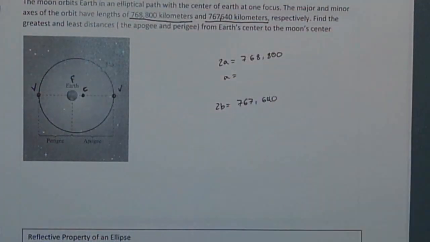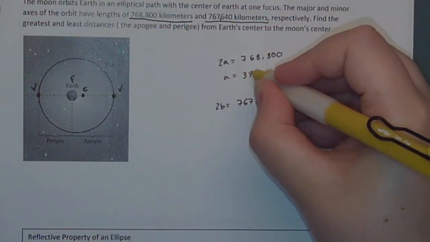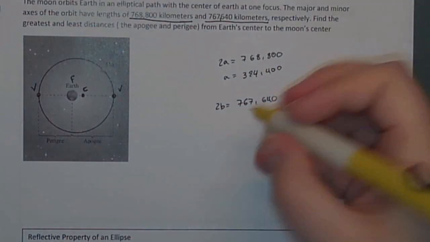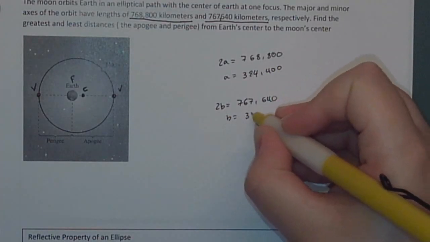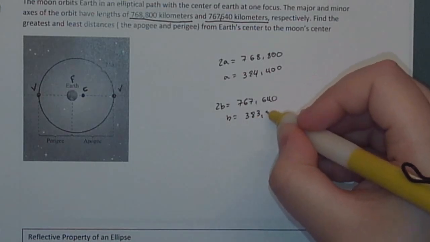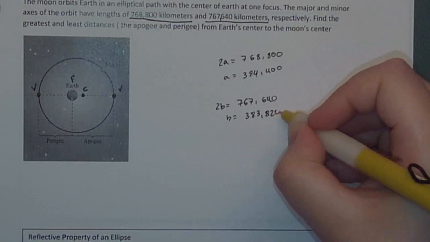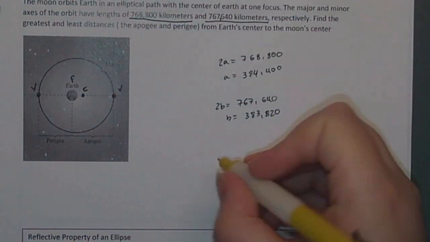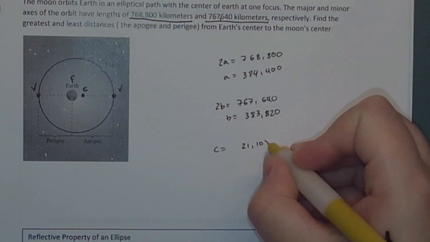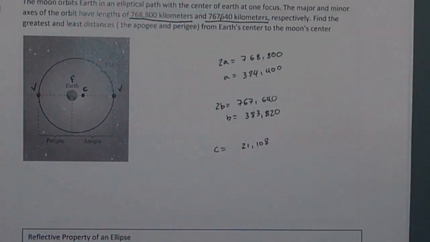So we need to find a, which is 384,400. b is 383,820. And c, if we find it, is 21,108.